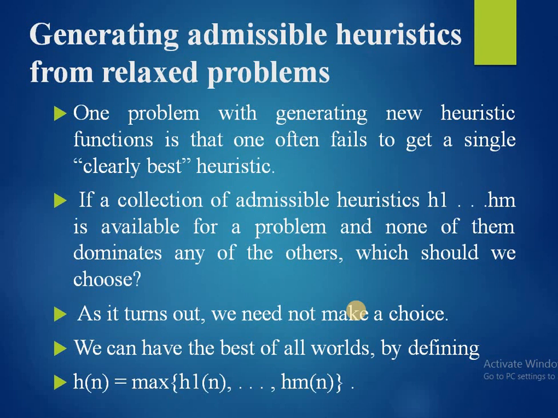As it turns out, we need not make a choice. We can have the best of all worlds by defining h of n equal to the maximum of h1 of n up to hm of n. We choose the maximum value to find h of n.